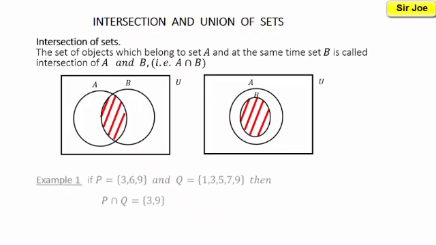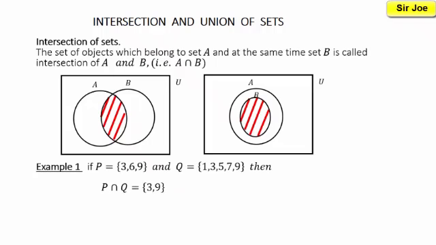Okay, let's move on. Let's take this example. Example 1. P = {3, 6, 9}, and Q = {1, 3, 5, 7, 9}. Looking at these two sets, P and Q, there are some elements in P which are also in Q. Can you mention them? These are 3 and 9.